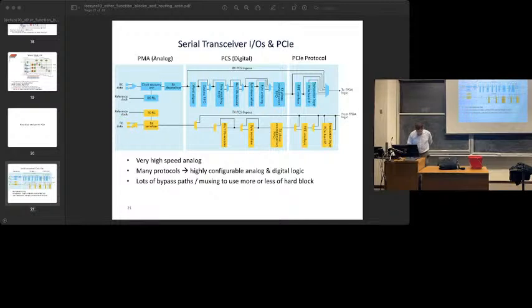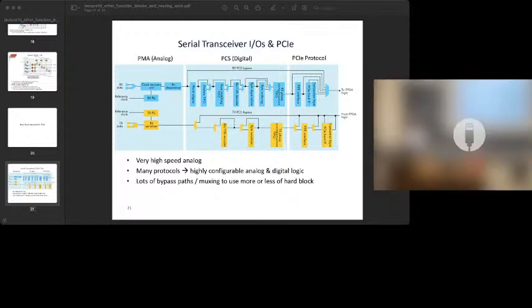After that, there's a bunch of digital logic called the physical coding sublayer. And this does a bunch of things. For example, it takes 10 bits of data and decodes it to get 8 bits of real data.